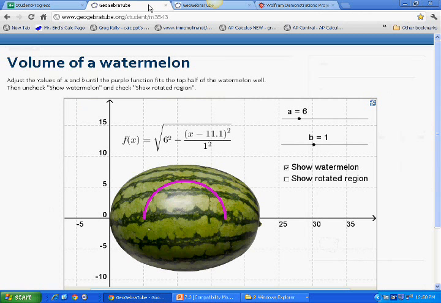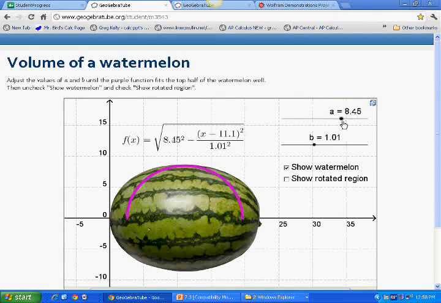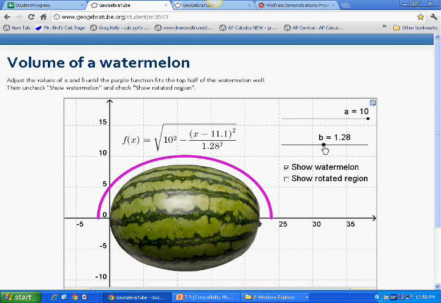I have a watermelon right here, and what I'm going to do is change the function with these sliders so that the shape of the ellipse matches the watermelon.